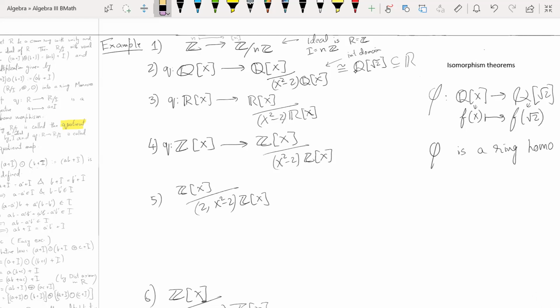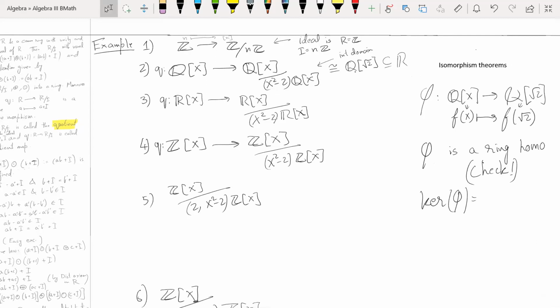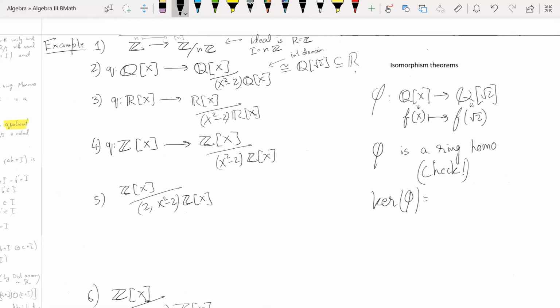And what is the kernel of phi? Maybe this is something one has to check. We'll do this slightly more rigorously in the next class when we do isomorphism theorems. The kernel of phi is those polynomials which map to 0. So what are those polynomials? The first thing is x square minus 2 is indeed such a polynomial.